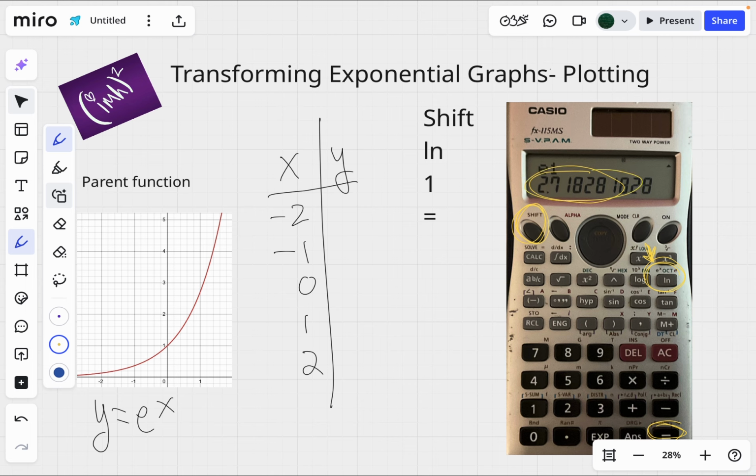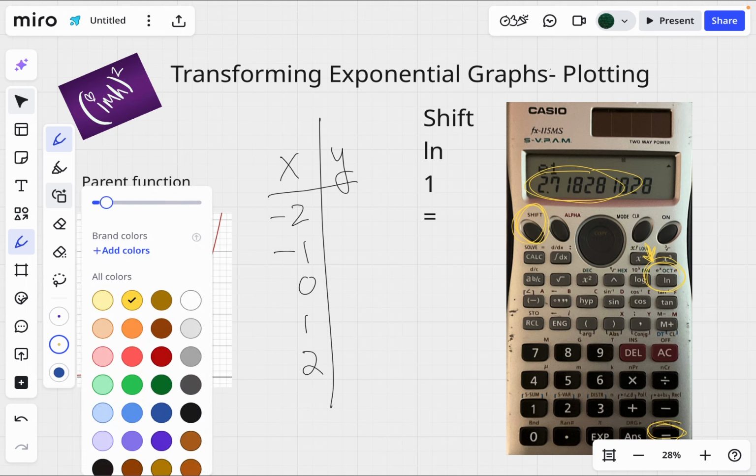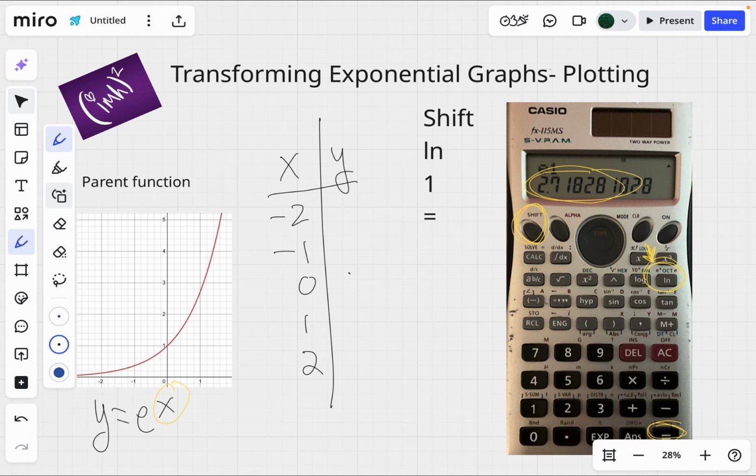Let's go 2 places after the decimal so that we're all on the same page for now. So if I put 0 in here for x, anything to the 0 power is 1. So 0 and 1. If I put a 1, which you can see on the calculator, then I have 2.72, and that's not a comma, that's a decimal point.